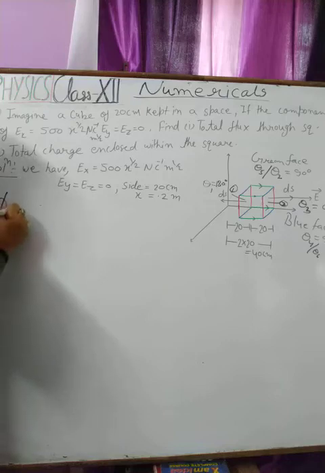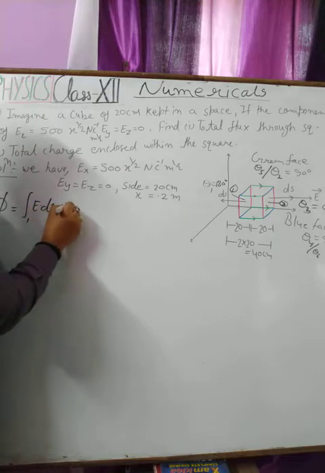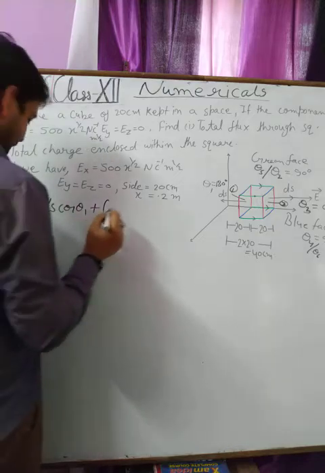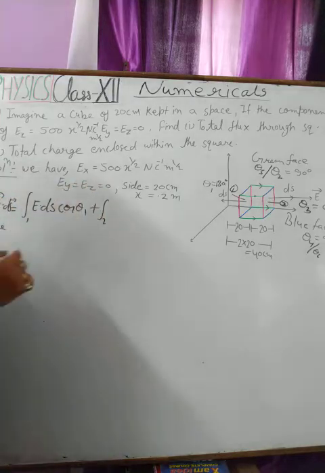Total flux through the cube, surface S1, E dS cos theta 1, surface S2, this is the closed integral of vector E dot dS over this cube. Now we are resolving for each case.